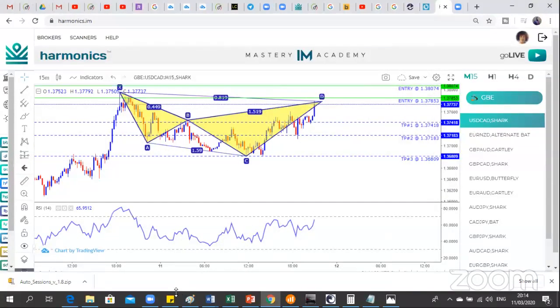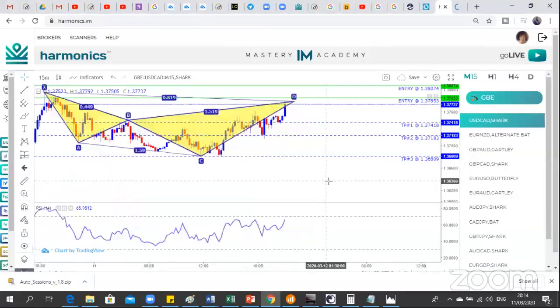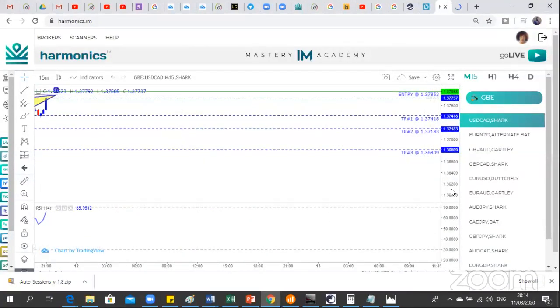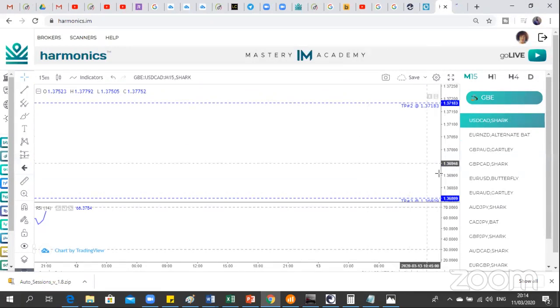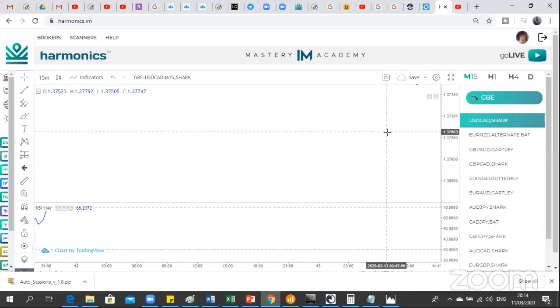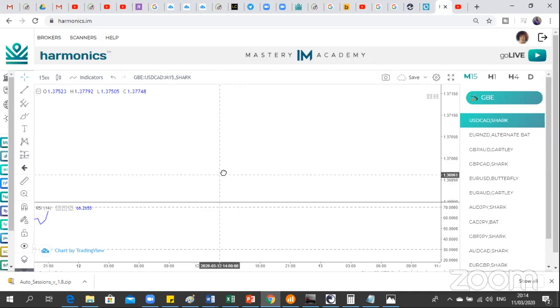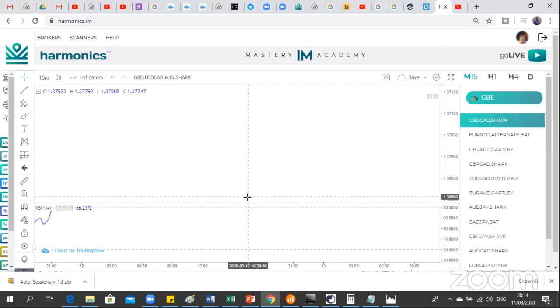Now, how does divergence work? Divergence works in the market when the market is about to retrace.